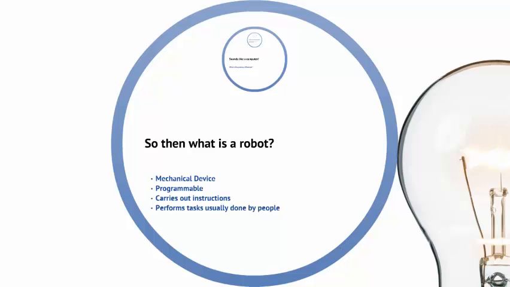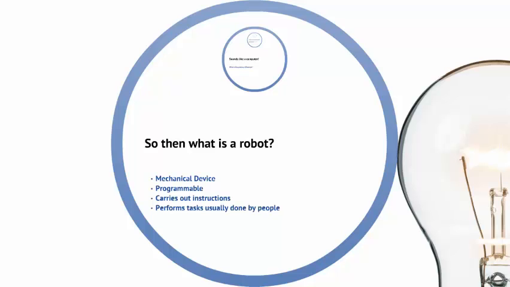First, it is a mechanical device, meaning that it is made up of mechanical or physical components that let it operate to do something. Second, it's programmable, meaning that I can change the functions or things that it does, the primary things that it's supposed to be performing, in order to make sure that it does exactly what I need it to do. Third, it has to carry out a set of instructions.